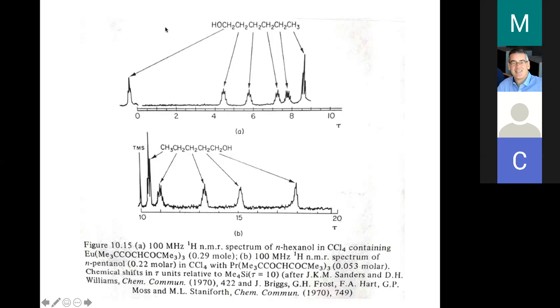But at the top, you see the spectrum for N-hexanol in tetrachloromethane with this europium complex added. And you can see there's a much greater spread for these proton resonances, and you can get the splittings and intensity integration more easily.